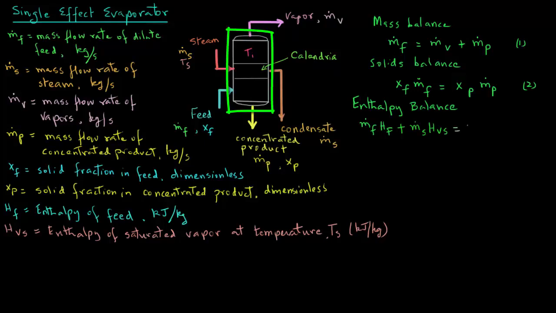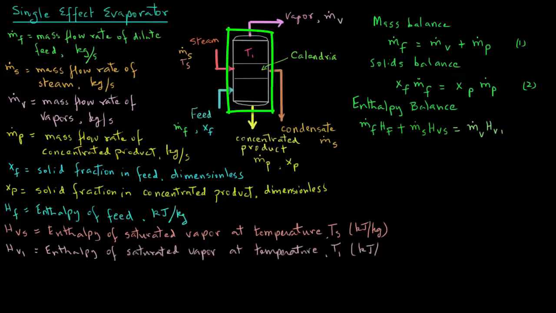And that equals the heat leaving with the vapors, that is m dot v times HV1, where HV1 is the enthalpy of saturated vapors at temperature T1. T1 is the boiling point inside the evaporator that is maintained by certain vacuum conditions.